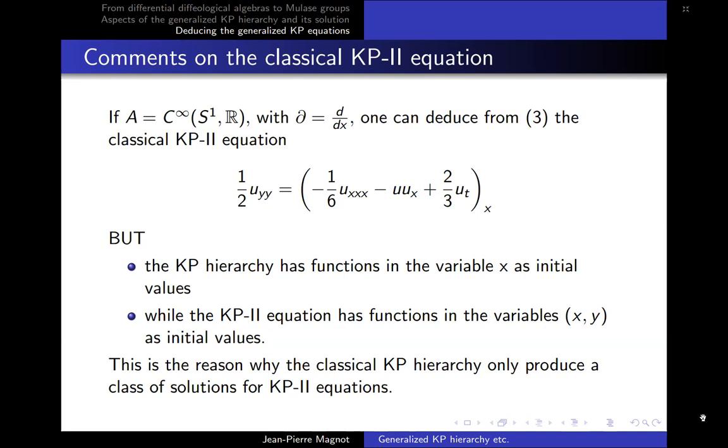This means that the KP hierarchy furnishes only a restricted class of solutions for the KP2 equation.